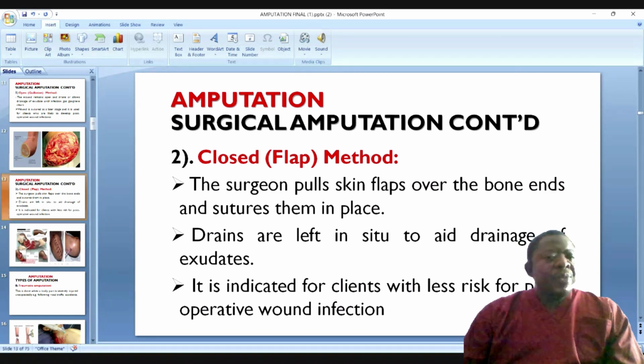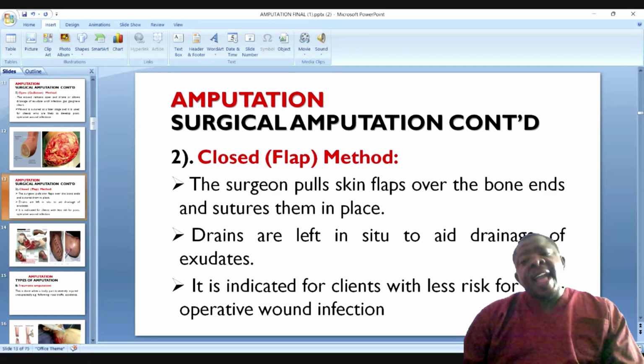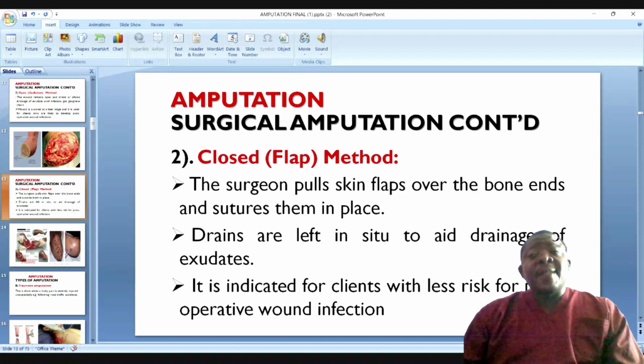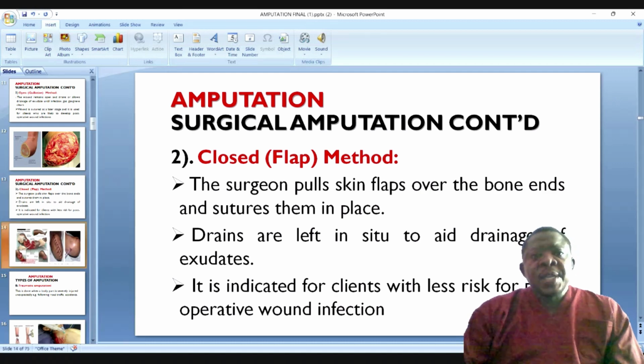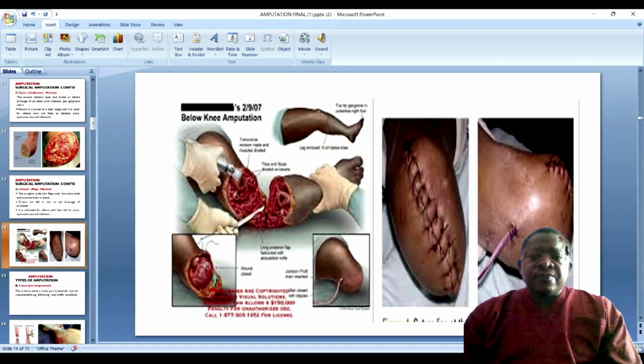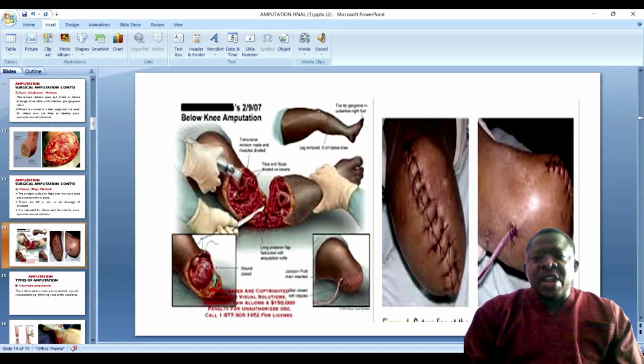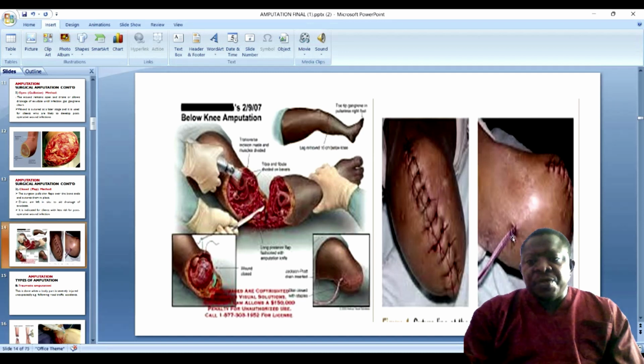Okay, so those that may not necessarily develop wound infection because of the nature of the accident, there's a clean wound and you have to do surgery, amputation. So for these, you can do the flap method. Here we have an example of a fresh wound, and the flap method has been used, of course, with a drain.